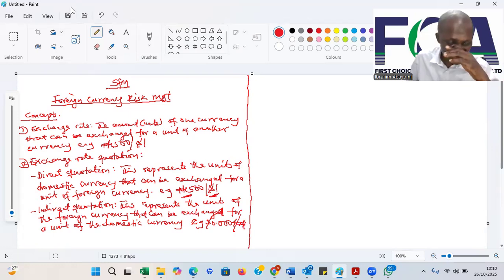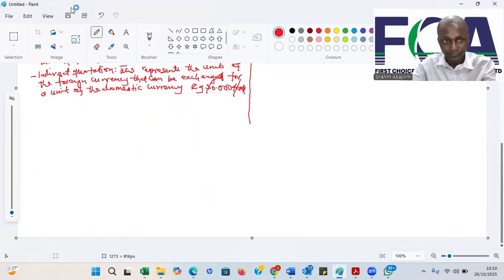That would be an indirect quotation. Once your foreign currency is coming before your local currency, we say the quotation is an indirect quotation.